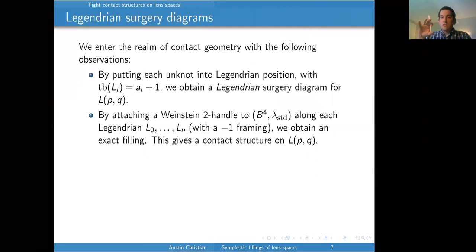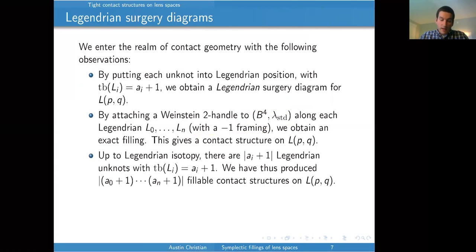We can then, instead of just attaching smooth two-handles, attach Weinstein two-handles to the standard four-ball along each of those Legendrian knots that naturally has a -1 framing for geometry reasons, and in this way we get an exact filling of L(P,Q). Okay, so we have an exact filling, the boundary is L(P,Q), this gives us a tight contact structure on that Lens space.